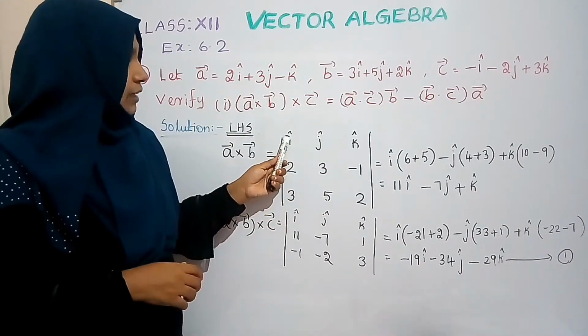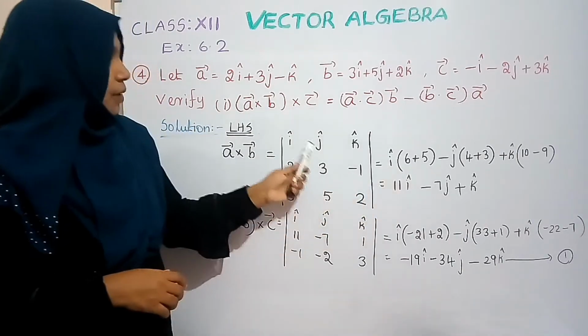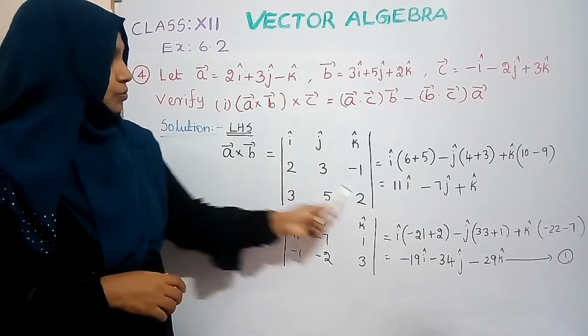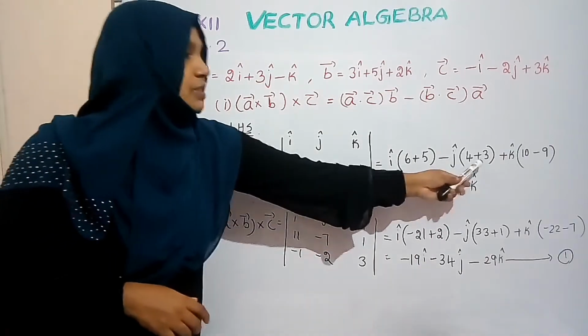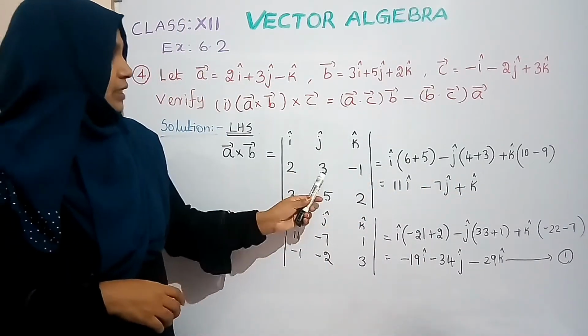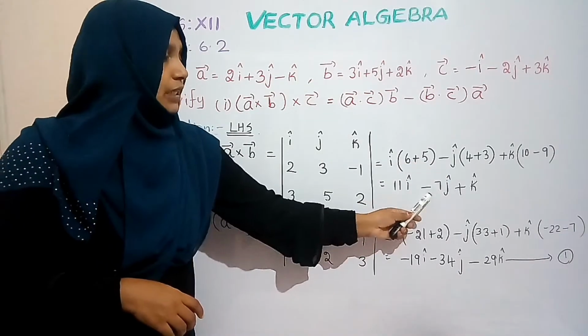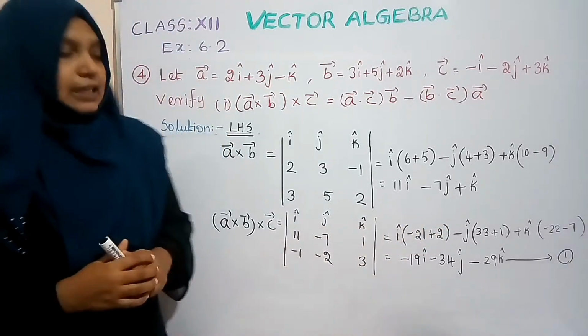We get i cap into 6 minus of minus 5, which is 6 plus 5, minus j cap into 4 minus of minus 3, which is 4 plus 3, and plus k cap into 10 minus 9. So we get the answer as 11 i cap minus 7 j cap plus k cap.